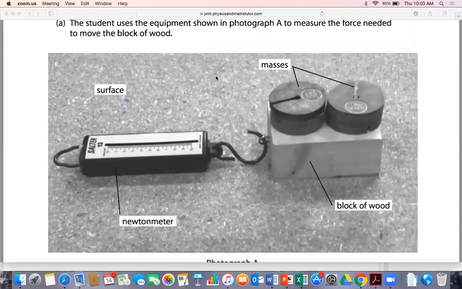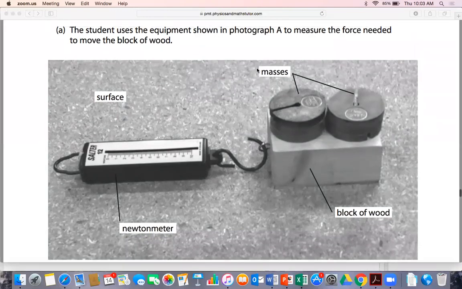Imagine you're pulling the wood. To see how strong the Newton meter is? But why do you need to know how strong the block of wood is? We want to look at friction. So that there's more friction, because of the bottom surface of the wood. It's so that the block has more friction.